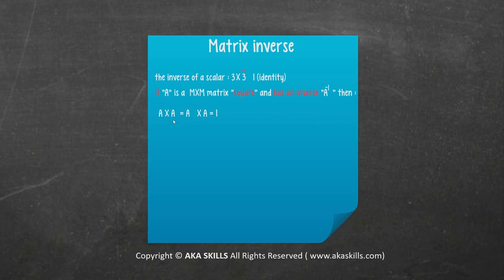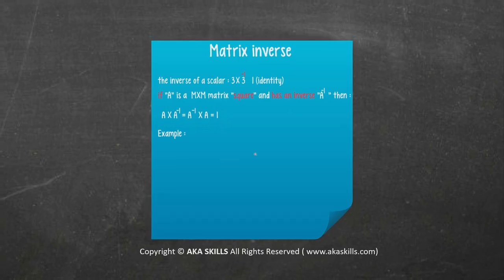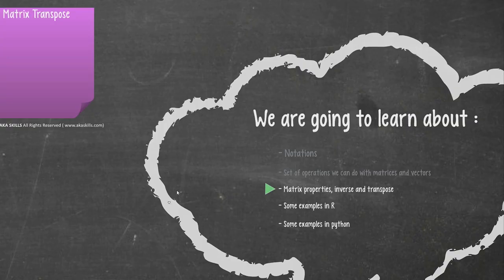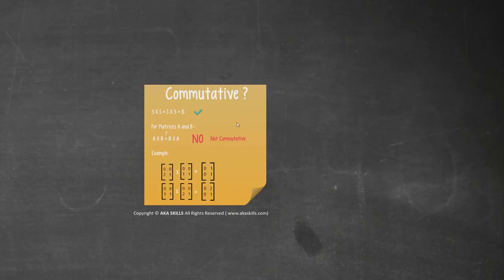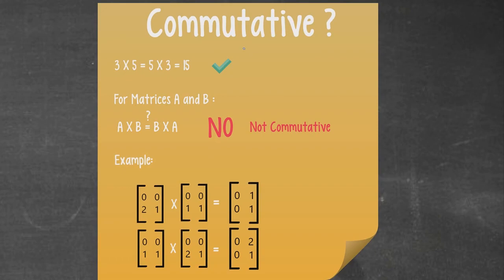Then A multiplied by A inverse equals A inverse multiplied by A, and equals the identity. This is I, not 1. Do you remember this? It is the same as the first question we presented: is it commutative?